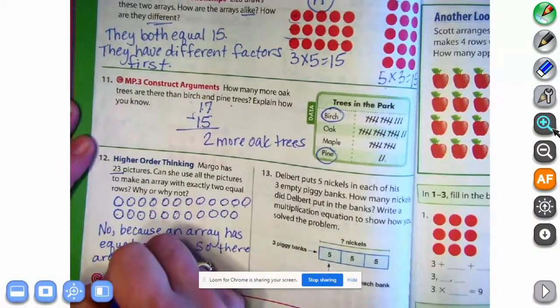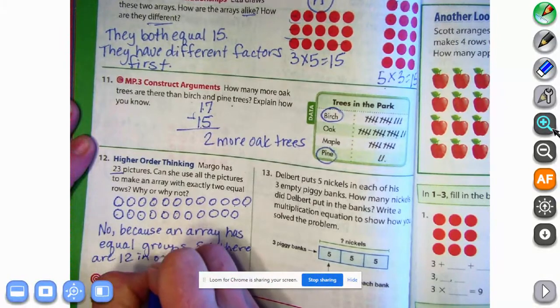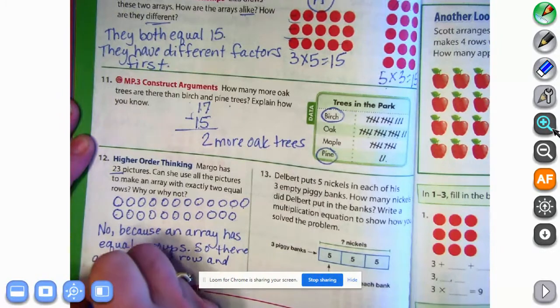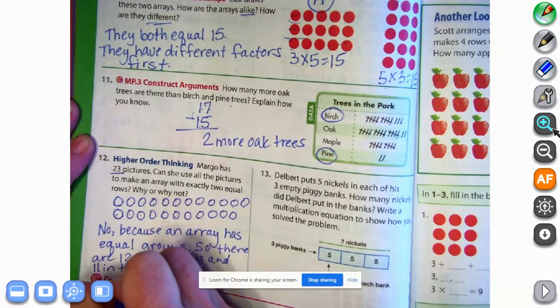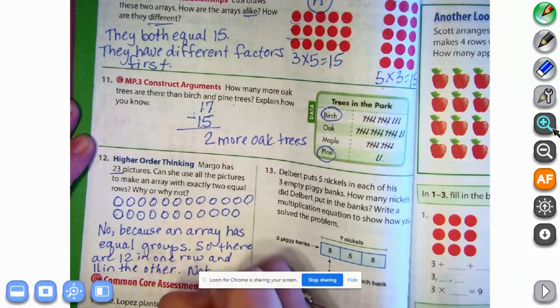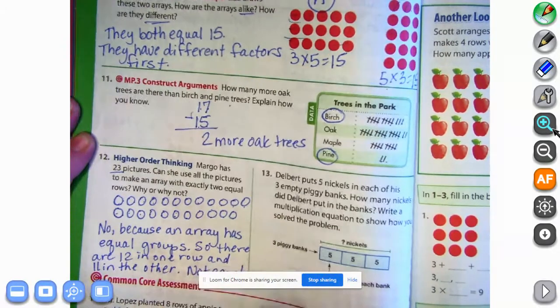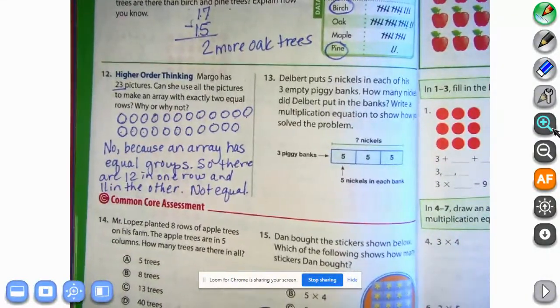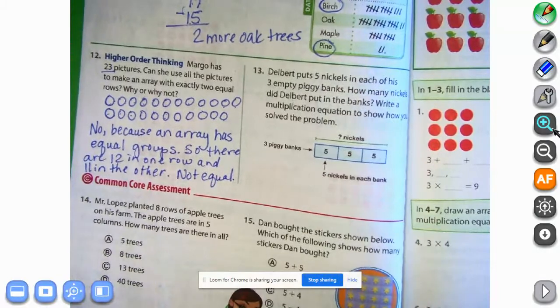So there are 12 in one row and 11 in the other. Not equal. So we can't do it. It's not equal. Okay, go ahead and get that written down. Come back for number 13.